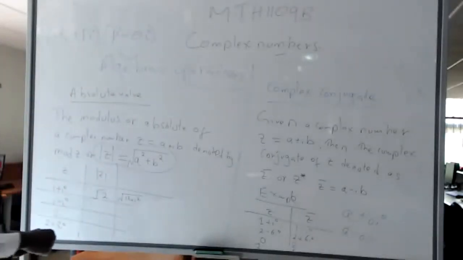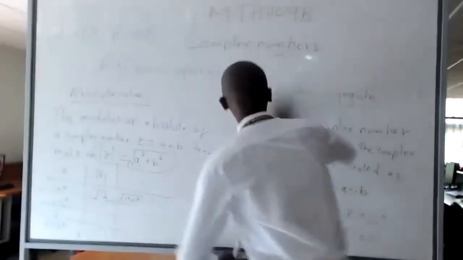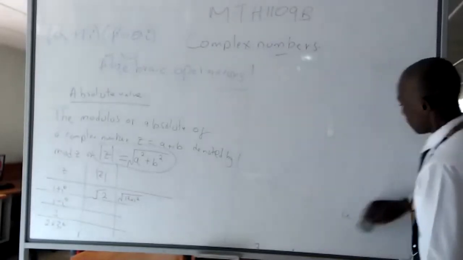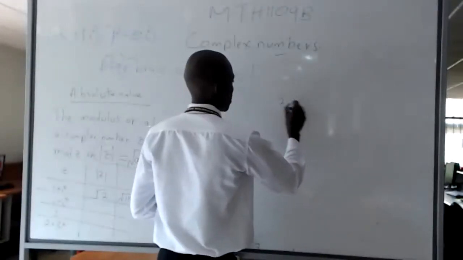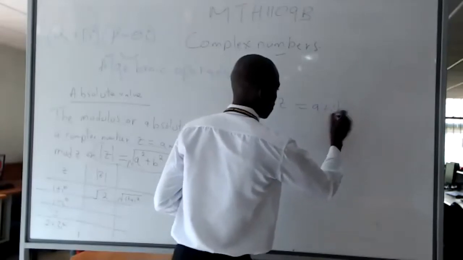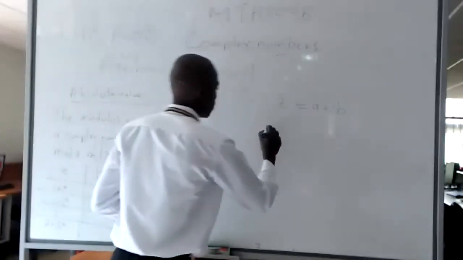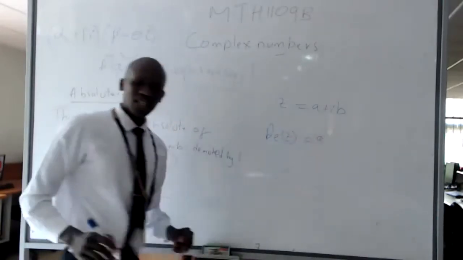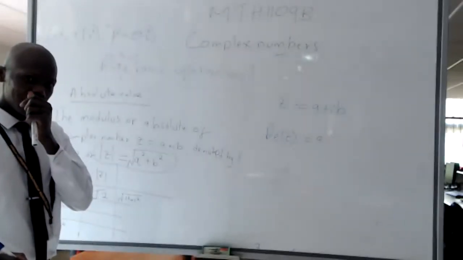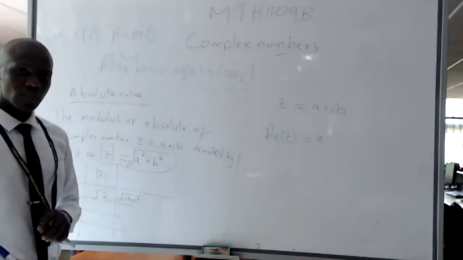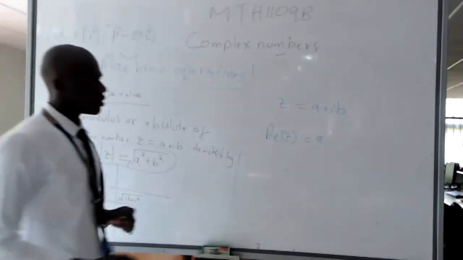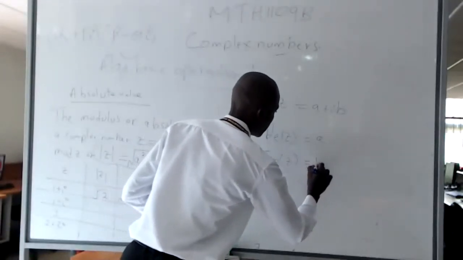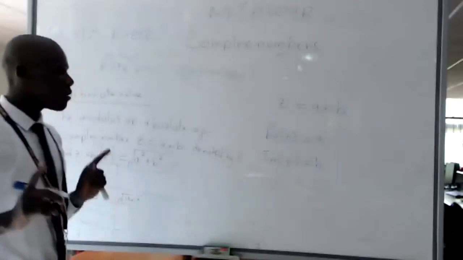I see your problem. Let me repeat something. When you have a complex number, Z is A plus IB. The imaginary part of Z is B, not BI or IB.